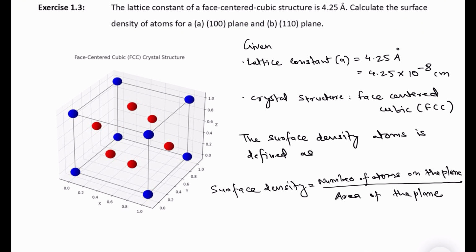Now we will calculate this for both the 100 and 110 planes.